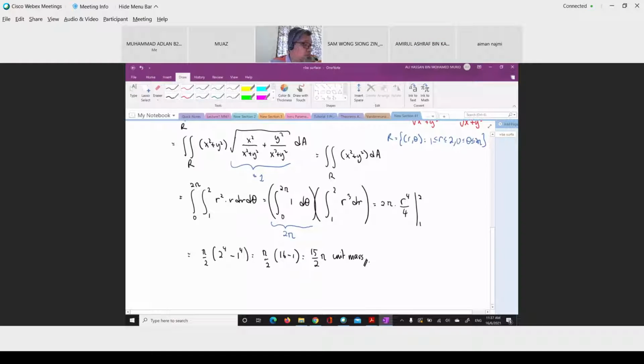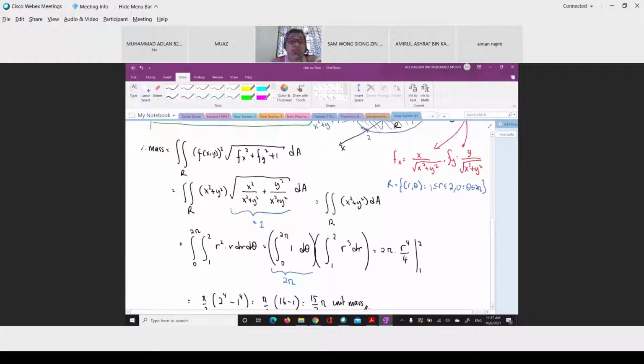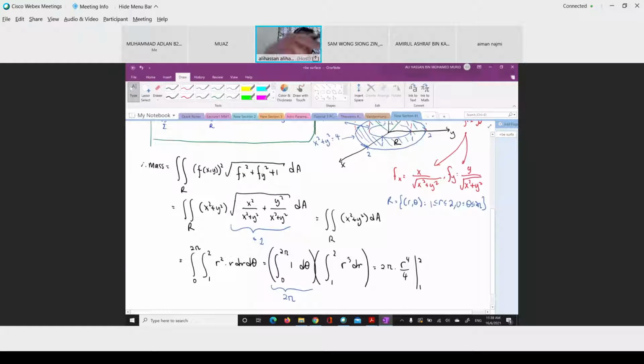I got a different answer because I made a mistake here. I'm sorry, I made a mistake. You see, there's a plus 1 there. That plus 1 is missing here. So we have square root 2, in fact, not 1, but it is square root 2.